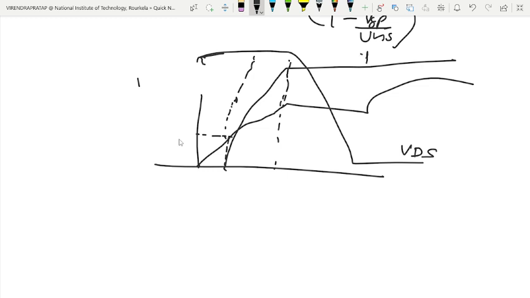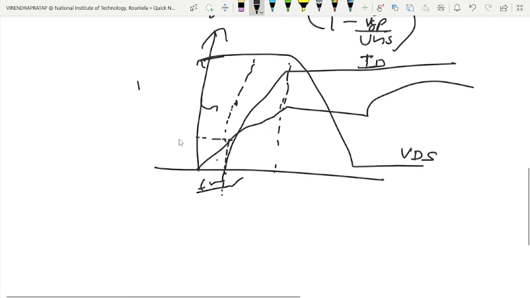VDS into this is IDS. I will try to find the switch-on losses here. Basically, this is the delay time. This is the delay time.